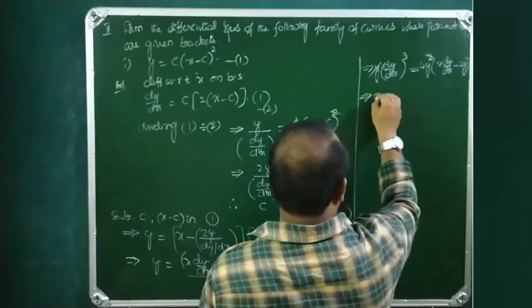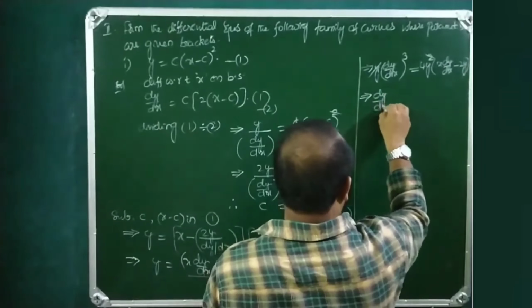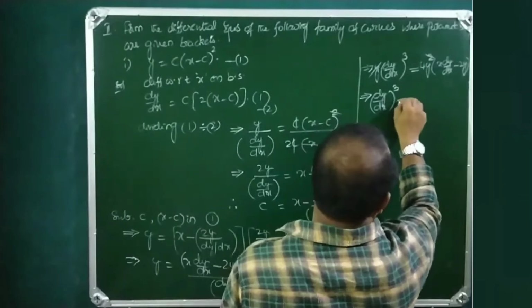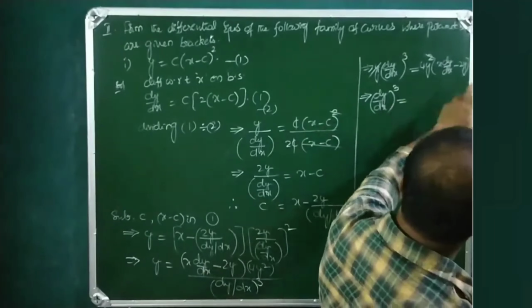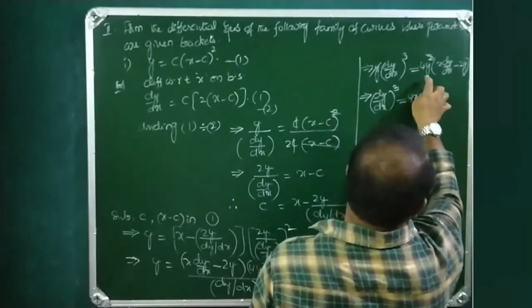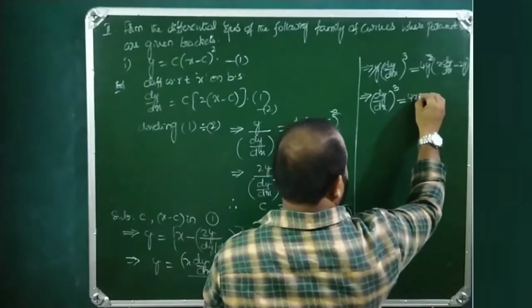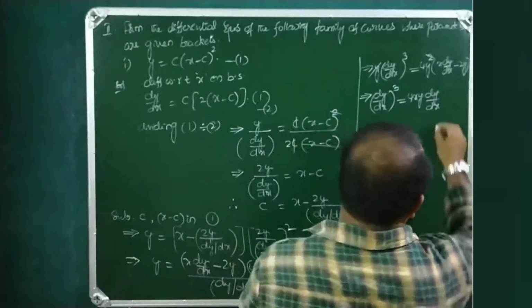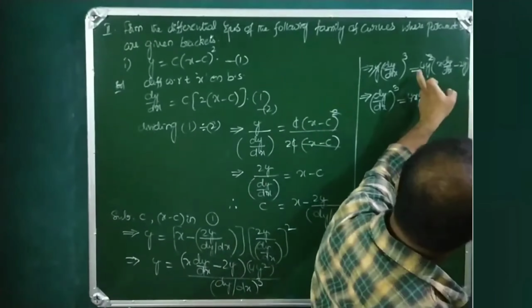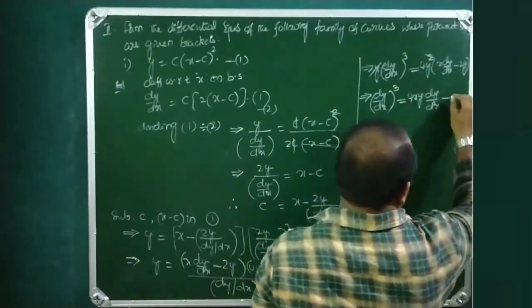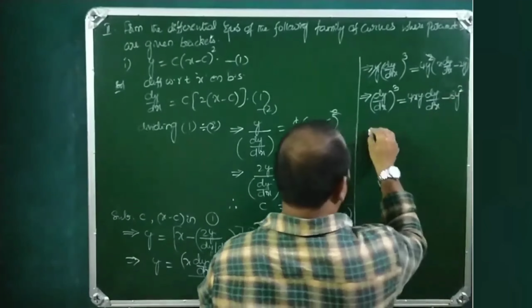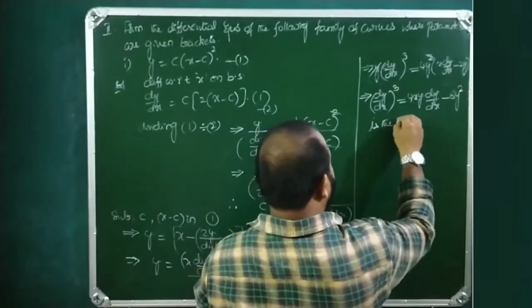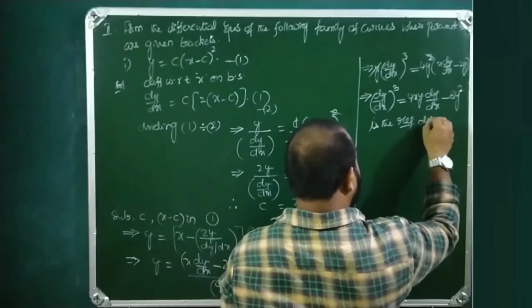This implies (dy/dx) whole cube is equal to 4xy dy/dx minus 2 4s are 8, y into y square, 8y square. This is the required differential equation.